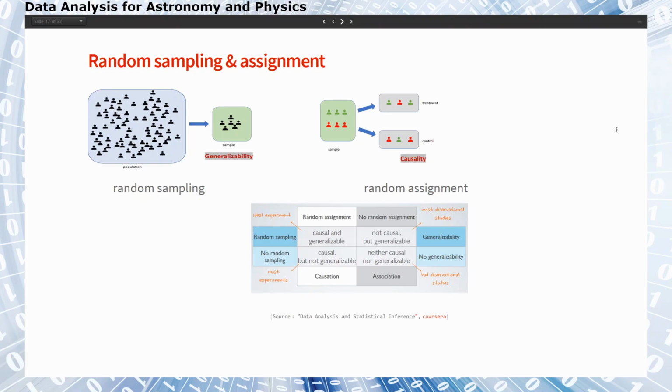To find causal effects, it's important to then randomly assign members from our sample to a treatment group and to a control group to actually distinguish between causal and non-causal effects. And the table here on the bottom gives you a brief overview how these different strategies, random assignment and random sampling, then allow you to get causal and generalizable results.